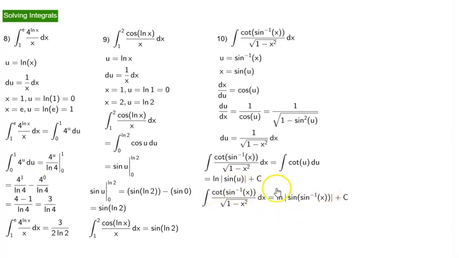So our result is integral of cot of sine inverse of x divided by square root of 1 minus x square dx is equal to natural log of absolute value of sine inverse of x plus c. But here sine and sine inverse are there. So which means we are left with x. So final result is natural log of absolute value of x plus c.